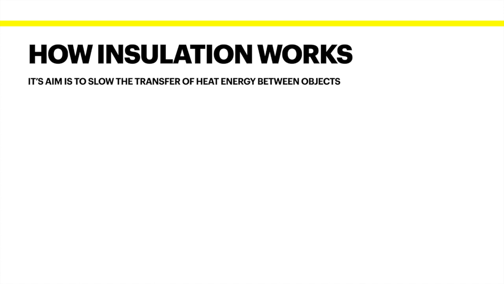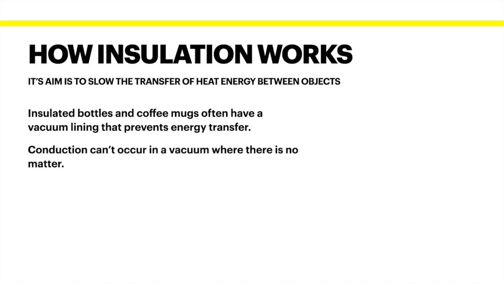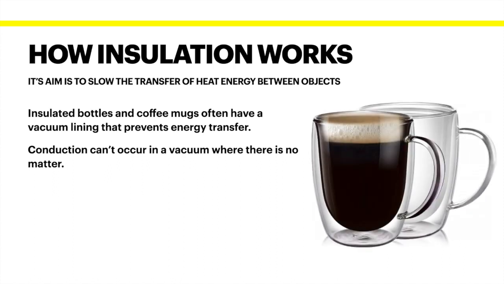Another insulation, think of insulated bottles or insulated coffee mugs. They often have a vacuum lining that prevents that energy transfer. And this helps because conduction, which is a way to transfer heat energy, cannot occur in a vacuum where there's no matter or no air. If you look at this picture of a coffee cup, you can see there's an inner cup and an outer cup.